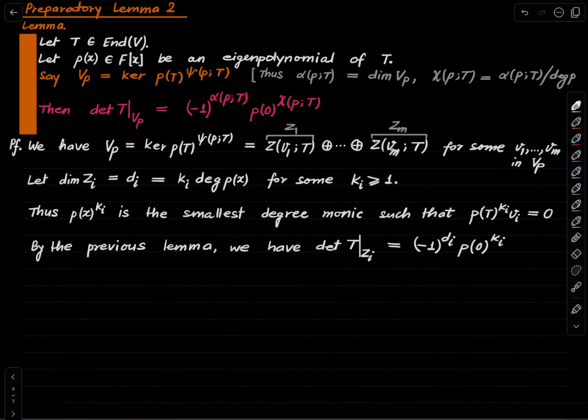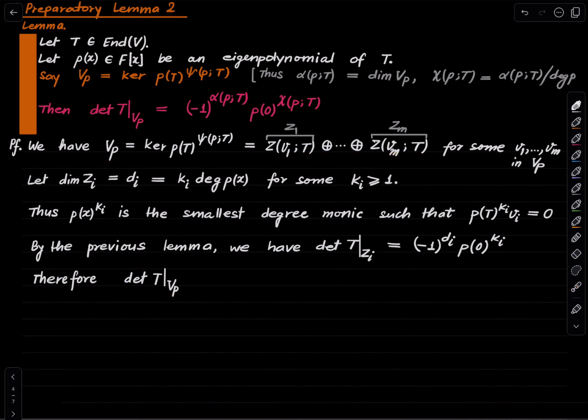So finally, the determinant of T restricted to Vp. Yeah, so when I said the determinant of T, I should have said determinant of T restricted to Vp. So this is the product of these things, because Vp is written as direct sum decomposition of these T-invariant subspaces.